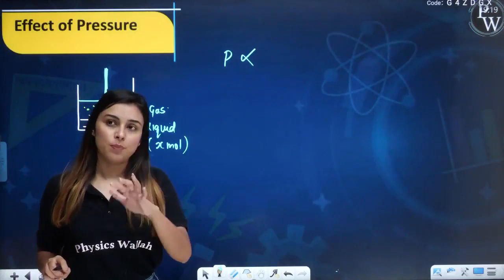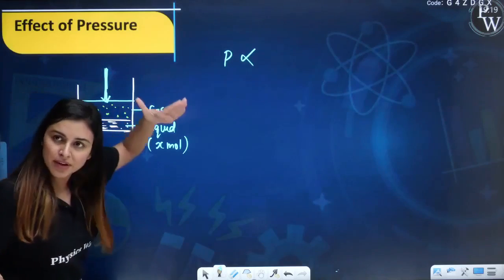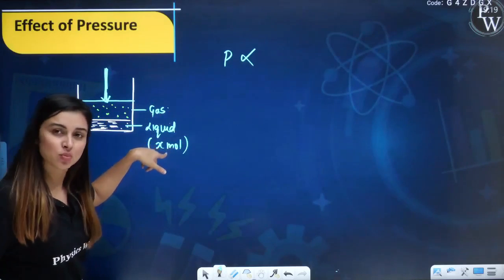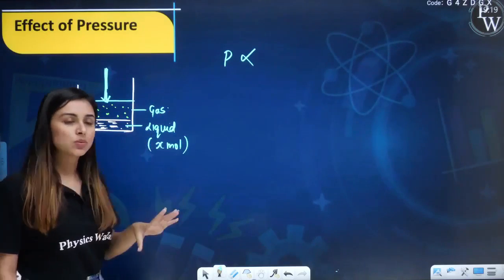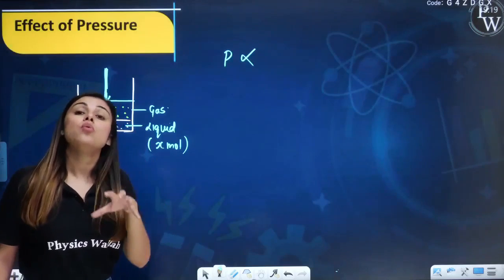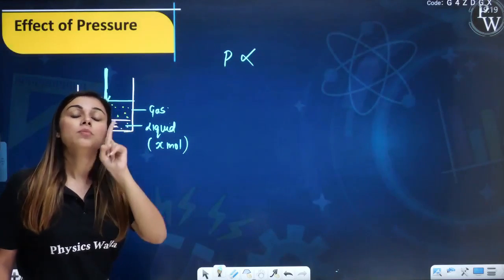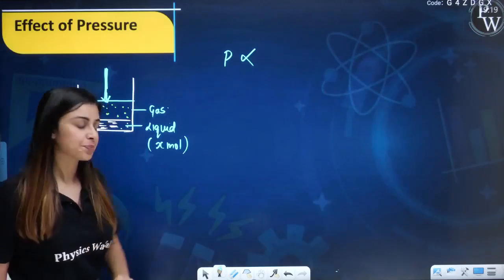Now the more pressure you apply, the more gas will be dissolved in these X moles of solvent. This way, I can say that the more pressure I apply, the more will be the mole fraction of the solute in it. Yes or no?